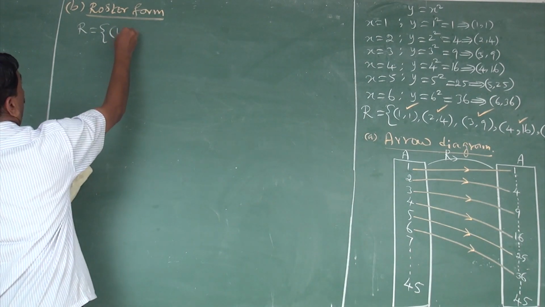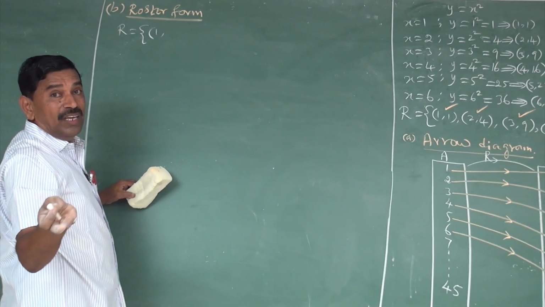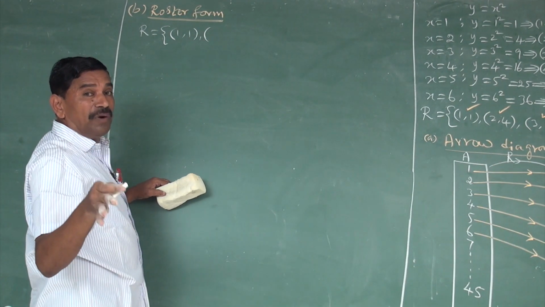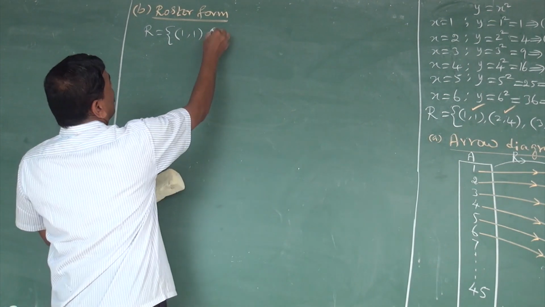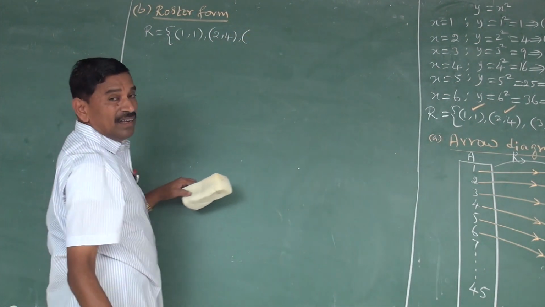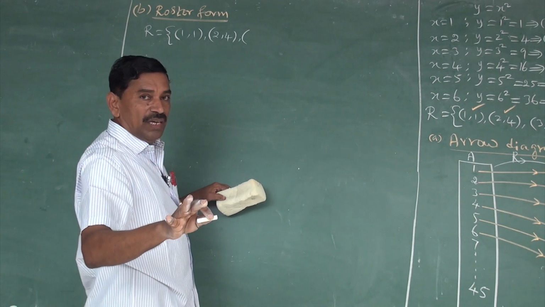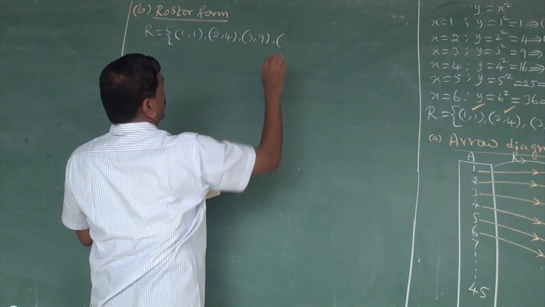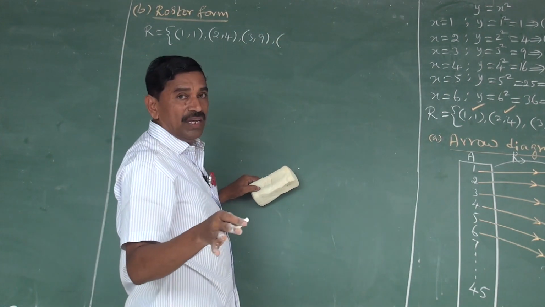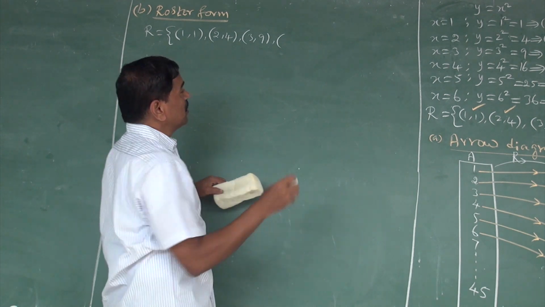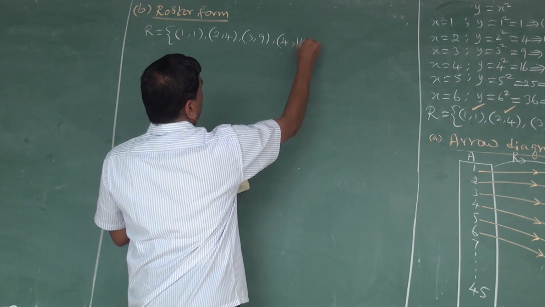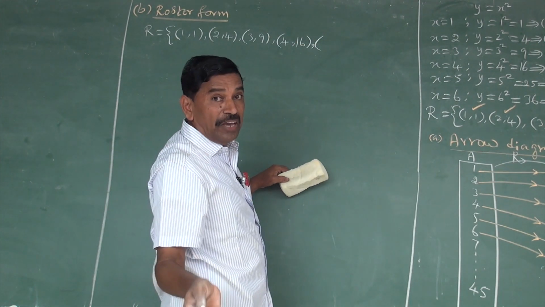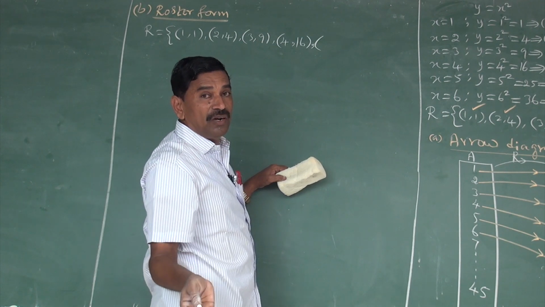Okay, start. 1 comma 1 square equals 1. Next 2 comma 2 square, that is 2 comma 4. Next 3 comma 3 square equals 3 comma 9. 4 comma 4 square, which means 4 comma 16. 5 comma 5 square, that is 5 comma 25.